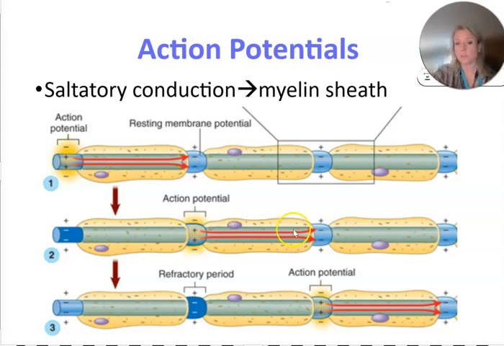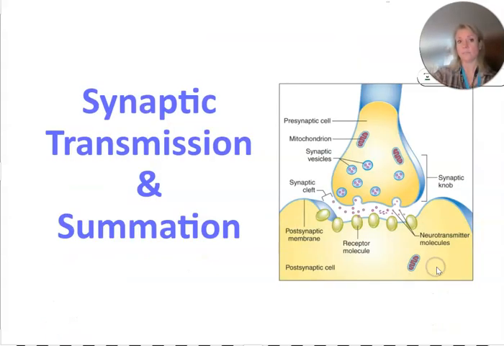And then it's going to spread very quickly through that insulated area. So basically what saltatory conduction is, it's kind of like a jumping. In Latin, saltare, I think is the root, but it means to dance or to jump or to leap. And so the action potential leaps from gap to gap to gap, not necessarily having to go through all of the areas that are insulated.